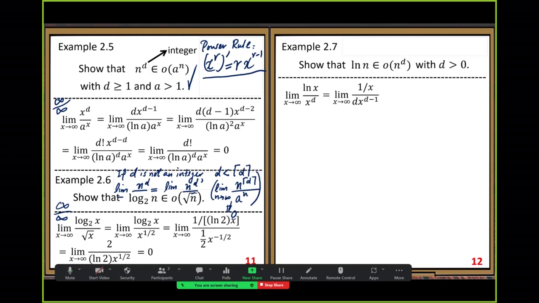After simplification, it's not indeterminate form: constant 1 over d times x to the d power. When x goes to infinity, because d is positive, x to the d also goes to infinity. The denominator goes to infinity, so the whole fraction goes to 0. So our conclusion: natural log of n belongs to little o of n to the d.